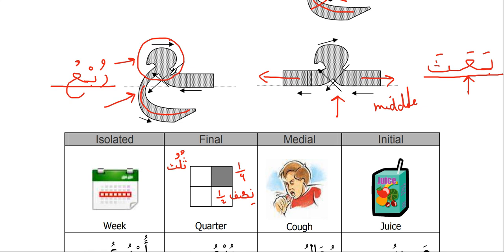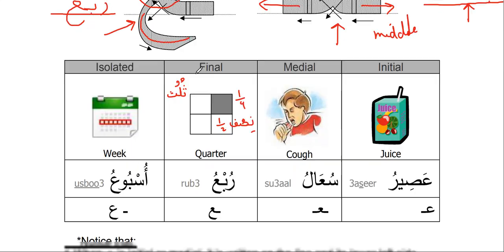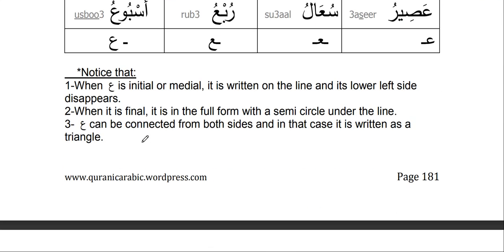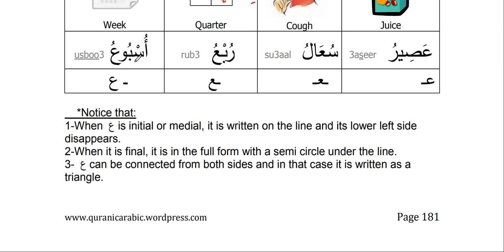And when it is at the end, the bow tie remains, but the lower part also comes back and goes below the line. And when it is final, it is written in its full form and it cannot be connected. As wow is a non-connector, it will remain isolated, but if there is any connector, you will join ayn like this.